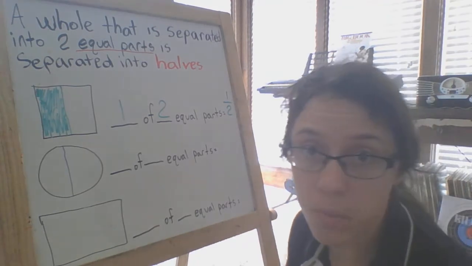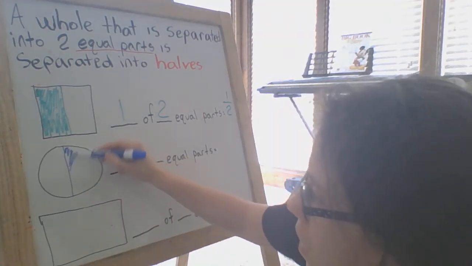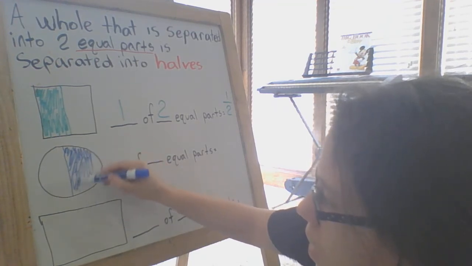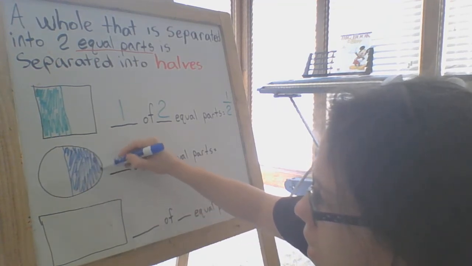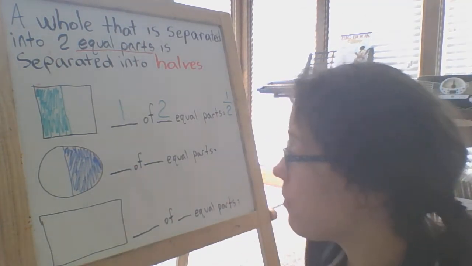Well, just as we did on the square, we're gonna pick one of the halves. I'm gonna pick this one. Again, not shading the neatest to save marker ink. Okay, now let's look at what we have.